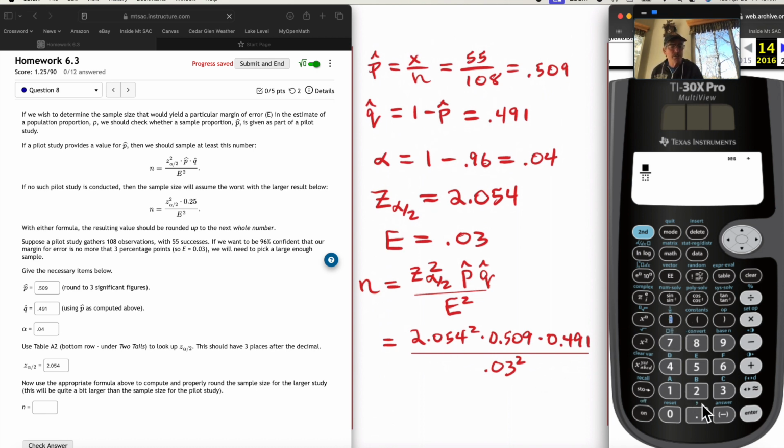So 2.054, that gets squared, times 0.509 times 0.491. Okay, that's everything on top. And then down below, 0.03 squared. Just hit enter. It's 1171.5.